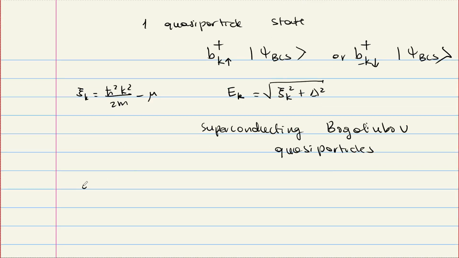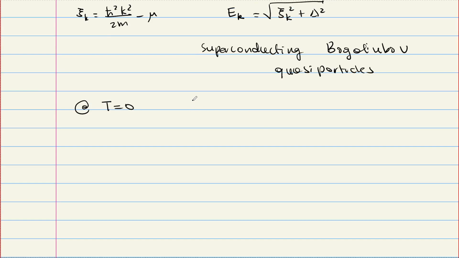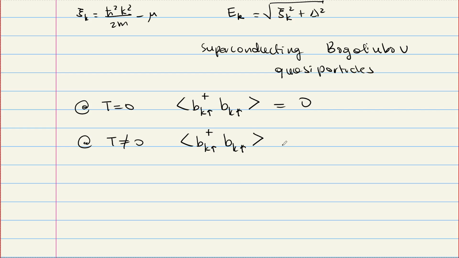And so at T equal to 0, the fermionic statistics is going to require us to think a little harder than that. So this is bk dagger bk up. First, at T equal to 0, there is no quasi-particle. The tricky one is at T non-zero, and in that case we know from statistical mechanics this is going to be the Fermi-Dirac distribution times whatever the corresponding energy is, and in this case it's E of k.